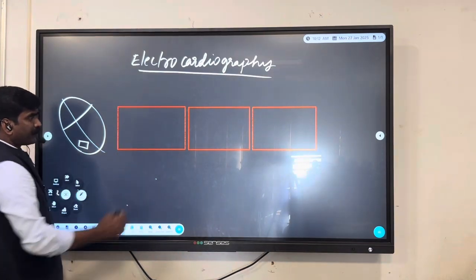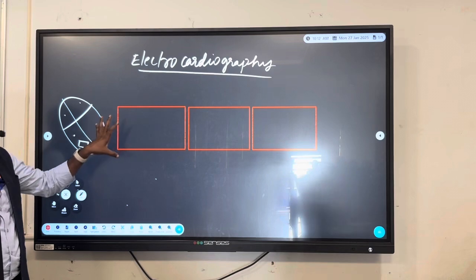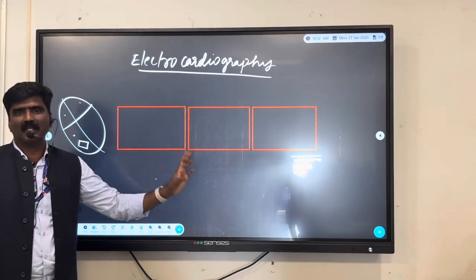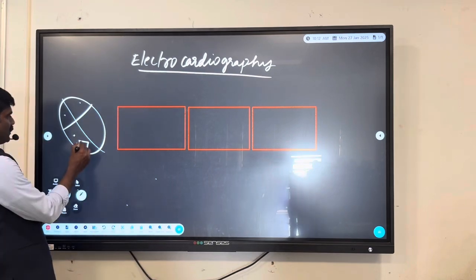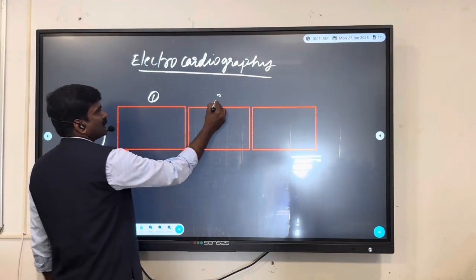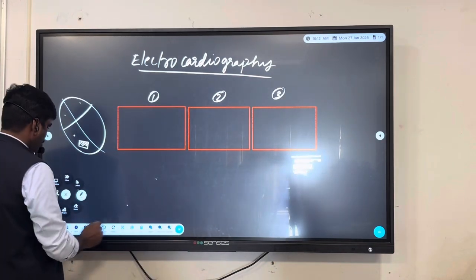This is the atrium and this is the ventricle. So I have drawn three ventricular myocardial cells in this portion: the first, second and third myocardial cell, right?